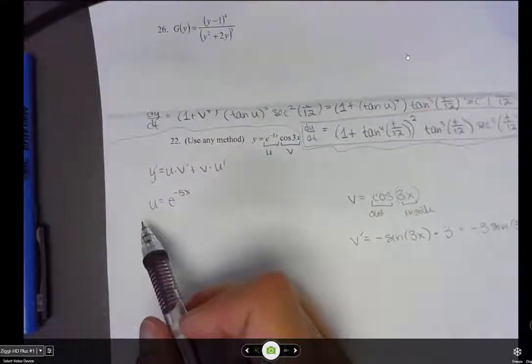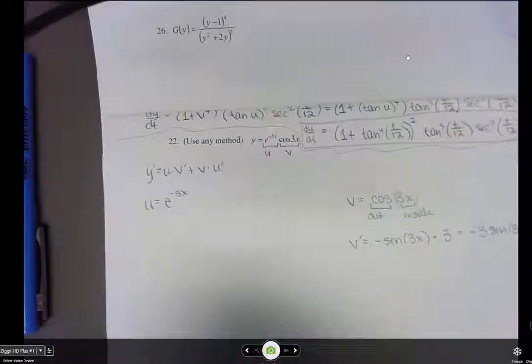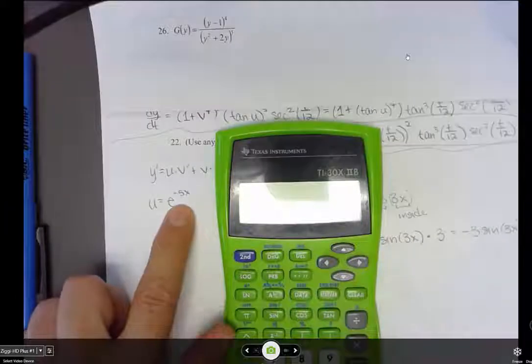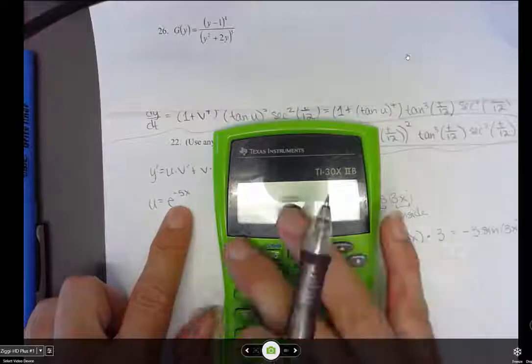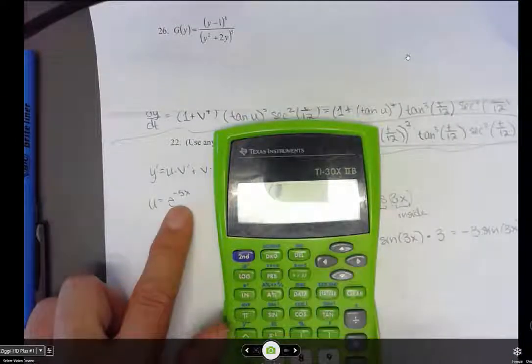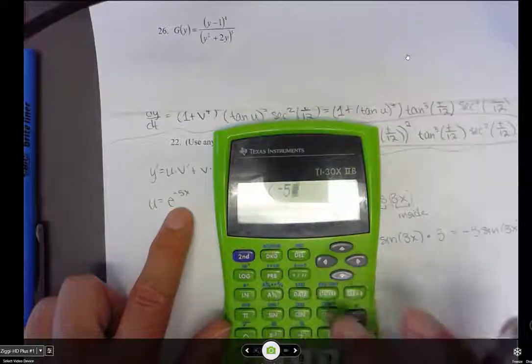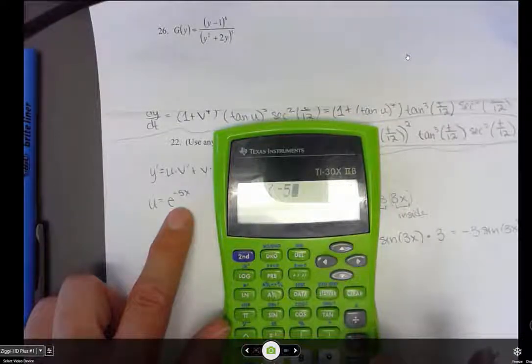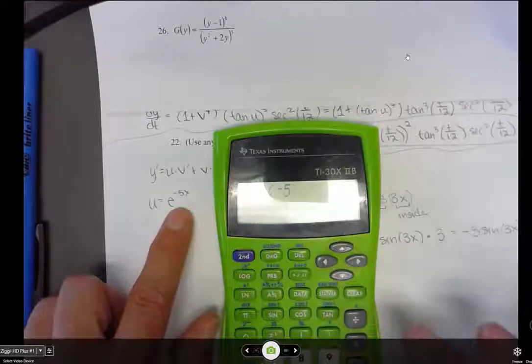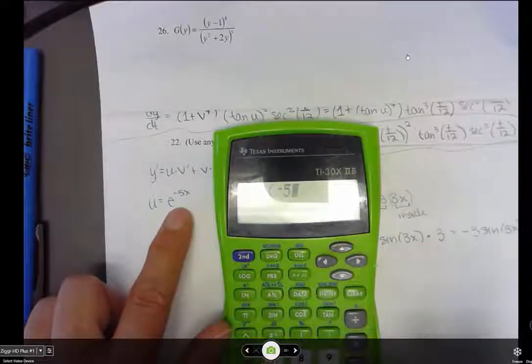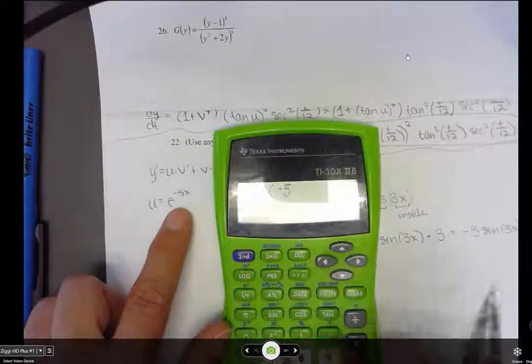And then I'm going to think of this. Think about if I were to type e to the negative 5x in the calculator. So I do second e to the negative 5x. I can't put an x in there like I can with the graphing calculator, but say I had an x here, then I'd have to close parentheses.